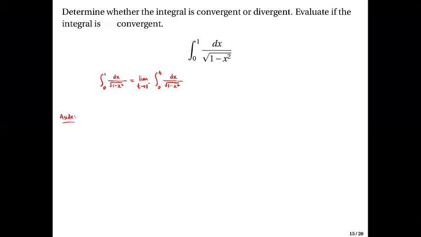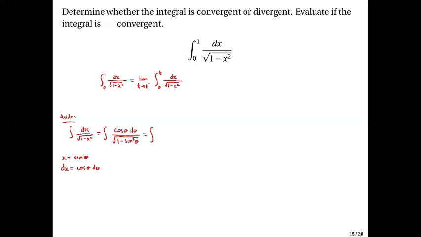So integral dx over square root of 1 minus x squared. For this, we let x be sine theta, dx will be cosine theta d theta. So this will just be the integral of cosine theta d theta divided by square root of 1 minus sine squared theta.